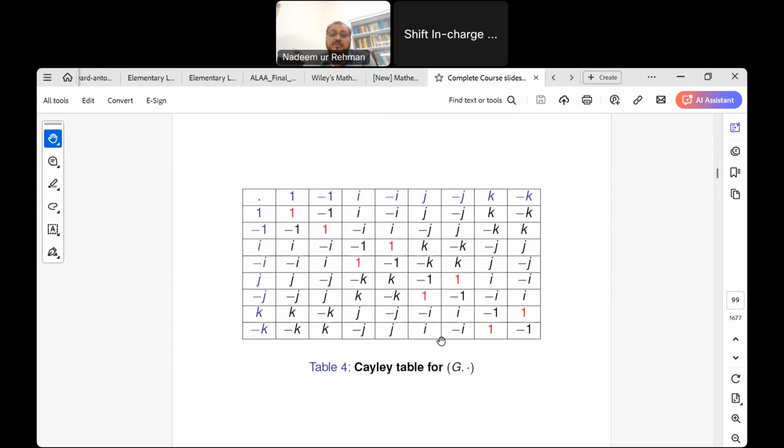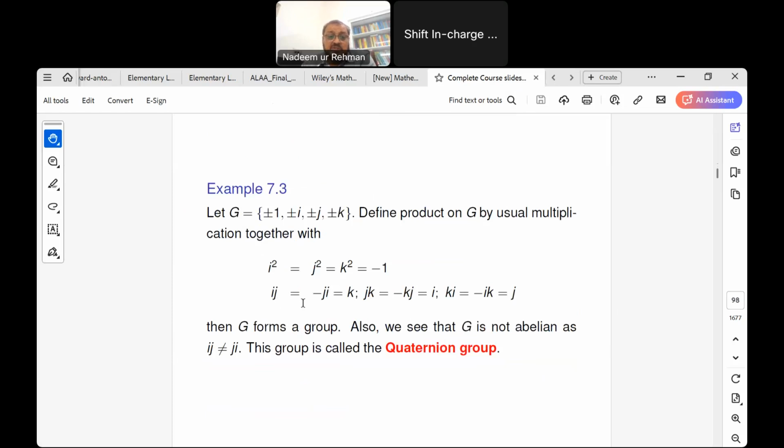You can easily identify from the Cayley table that this is a group, and again it is clearly a non-abelian group. Because i composition j is equal to k, but j composition i is equal to minus k. So these are not the same. The commutative condition does not hold here.